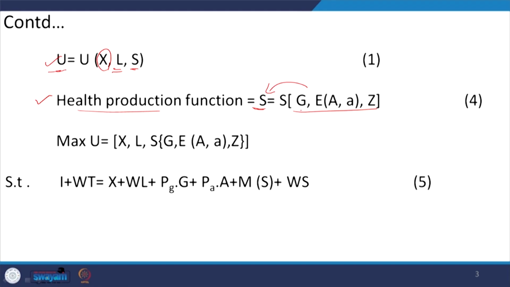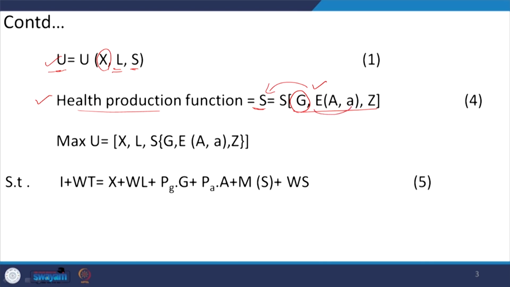Again these are the variables which are explaining this S. Here G is the mitigating behavior or mitigating activity the person is taking in order to avoid the sickness. And E is the exposure from the pollution, and here we are assuming that if the degree or extent of pollution is high, then it is very likely that the person will fall sick.